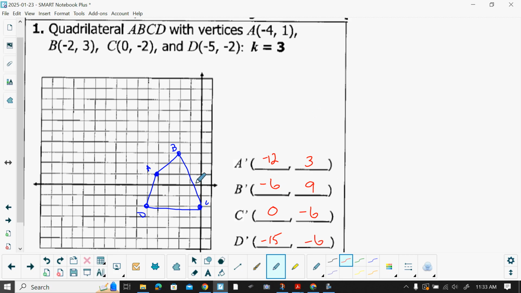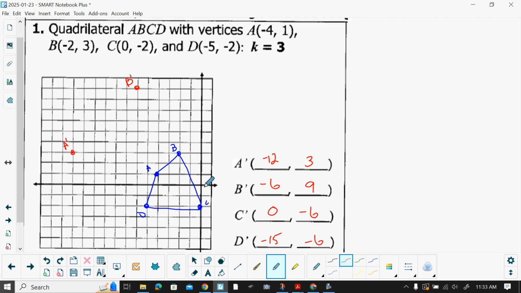A prime is negative 12, 3. So 1, 2, 3, 4, 5, 6, 7, 8, 9, 10, 11, 12, and up 3. So A prime. B prime is negative 6, 9. That's B prime.